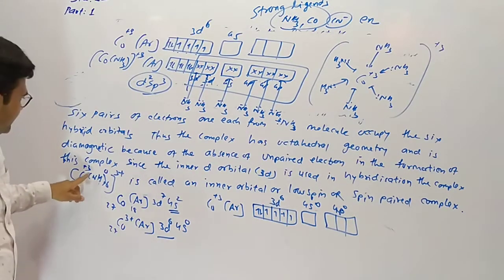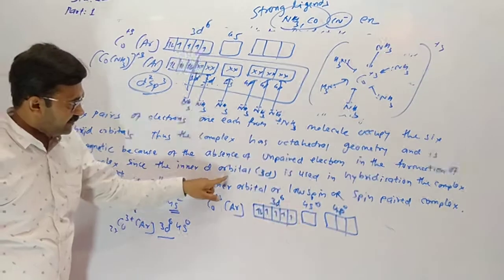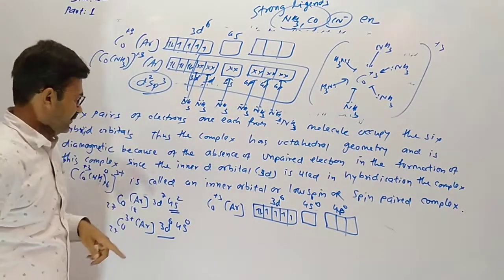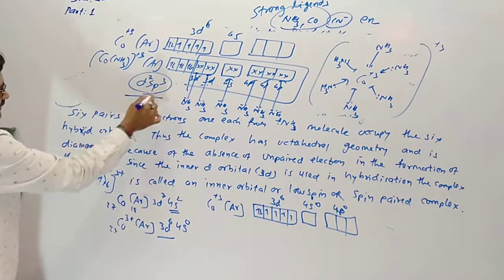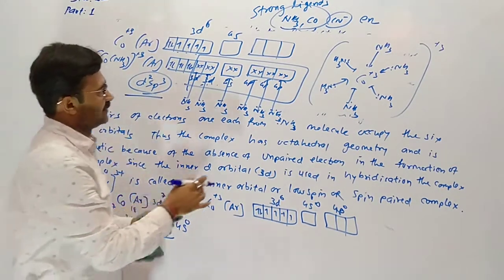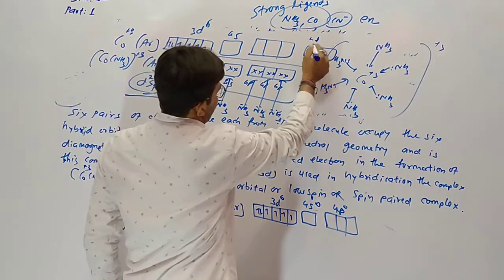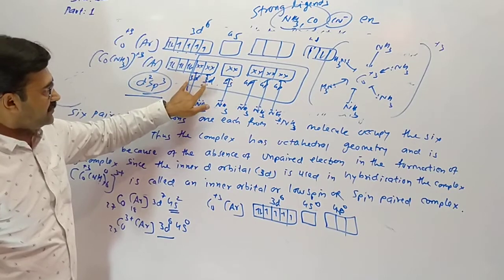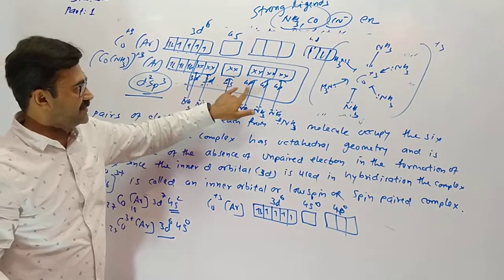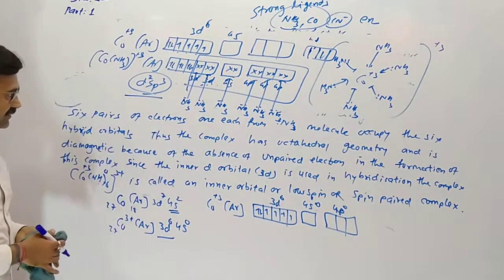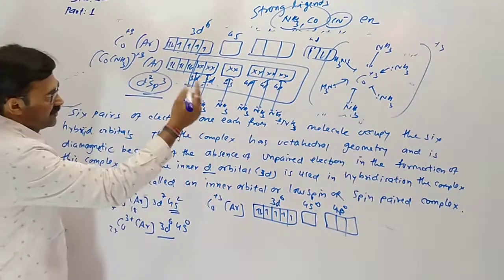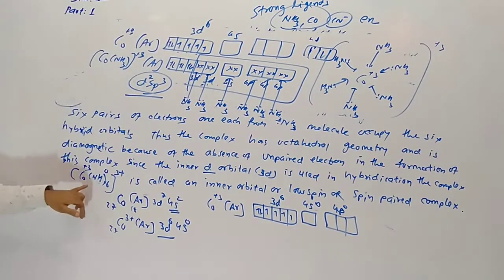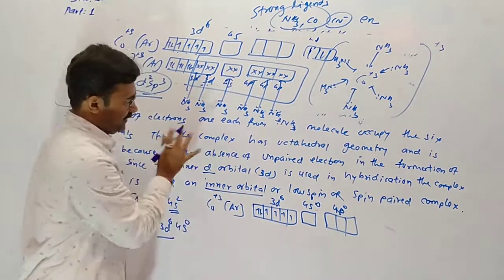In the formation of this complex, the inner d orbital 3d is used in hybridization. So the hybridization is called d2sp3. Inner 3d is used. Here 4d is not used in hybridization. Only 6 vacant orbitals, 2 of 3d, 1 of 4s, 3 of 4p are used. Since the inner 3d orbital is used in hybridization, the complex is called an inner orbital complex.